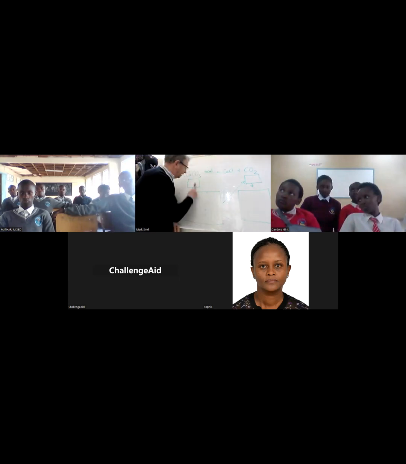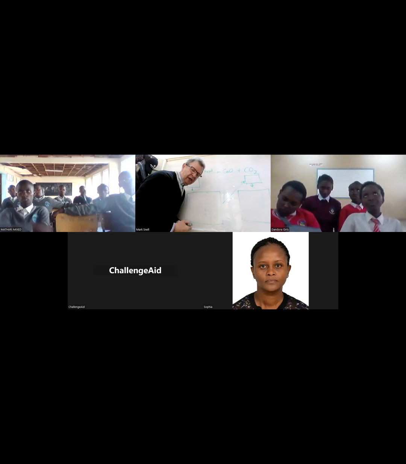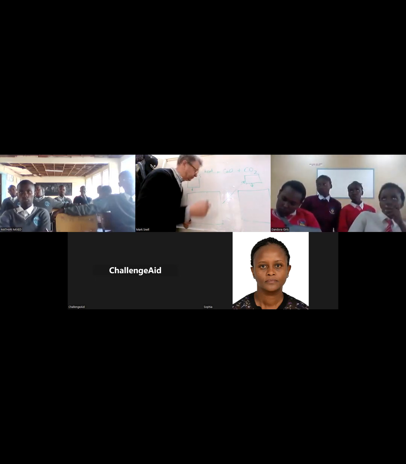And they look like this: a small one, then a big one, then a small one, then a big one. Into the first one, if I start with 1 kilogram, 1 kilogram is 1,000 grams. So in here, I know I start with 1,000 grams of calcium carbonate. Here, in this one, I work out the moles.